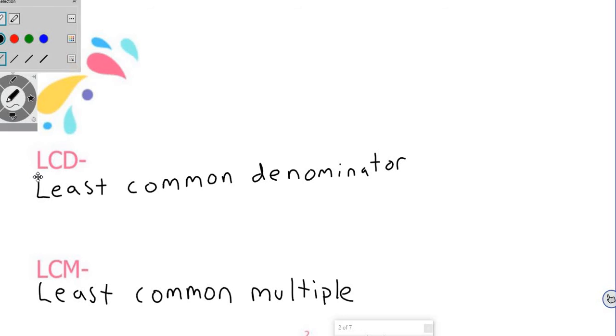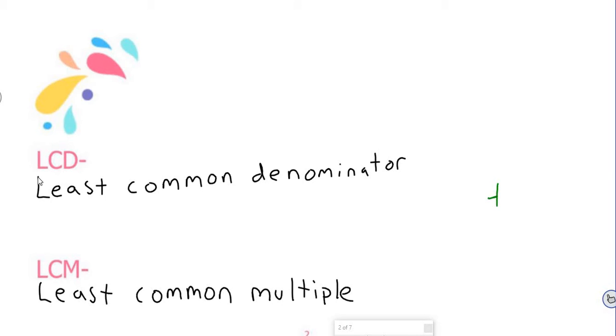So let's think about an example of this. If I had the numbers 4 and 6, what would my least common multiple for those two numbers be? Not 2. 12.